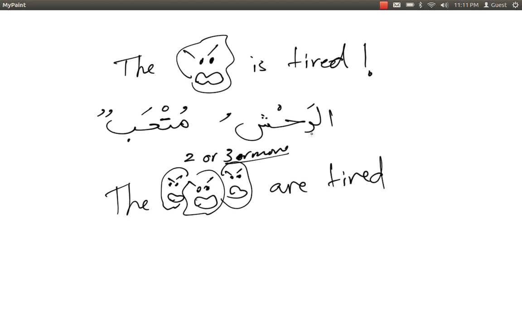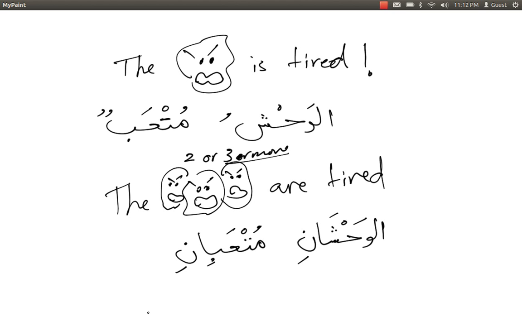Okay. That being said, the translation for "the monsters are tired", if there are 2, we would say الوحشان متعبان. And you see we used alif nun, which is equivalent to dhamma in this kind of sentence.